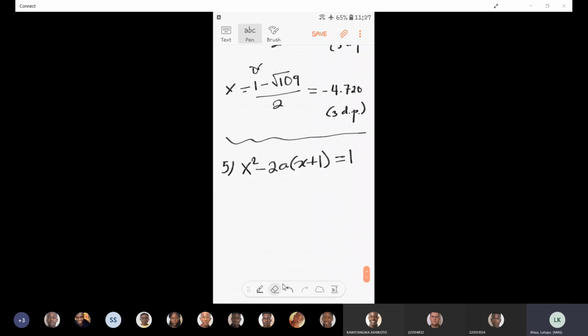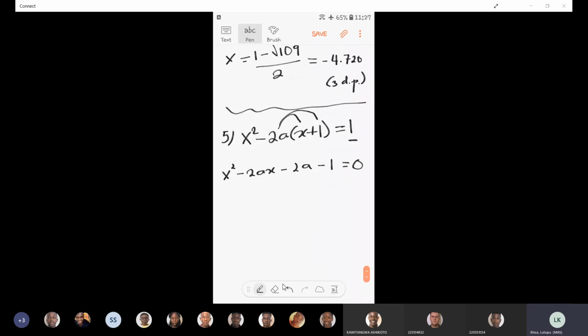So we will multiply this out the way we always multiply out, and then this one we will subtract it on both sides. So I have x squared minus 2ax minus 2a minus 1. This is equal to 0. Then I have to identify my a, b, and c. So it might seem a little confusing because a is in the equation, but the a I'm talking about here is the a which is the coefficient of x squared.